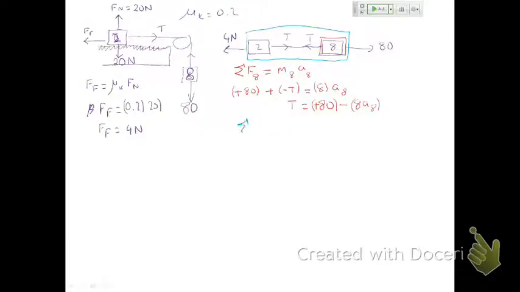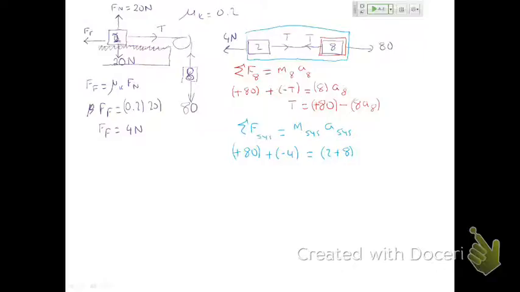And I say the sum of the forces on the system is equal to the mass of the system times the acceleration of the system. So now I look at this light blue box and I go plus 8t added to minus 4 is equal to 2 plus 8. I don't want to put down 10 because I won't recognize it as 2 plus 8.